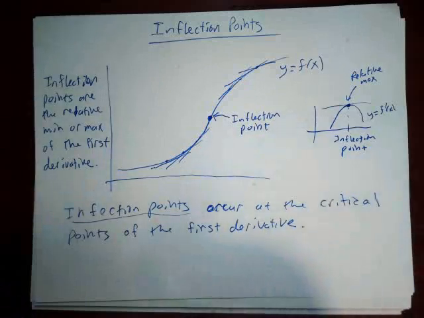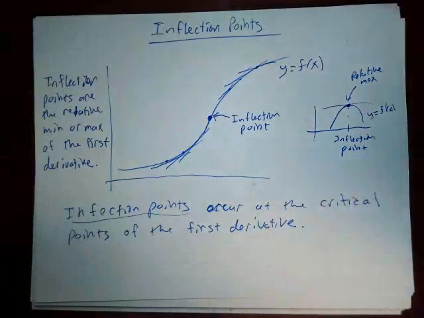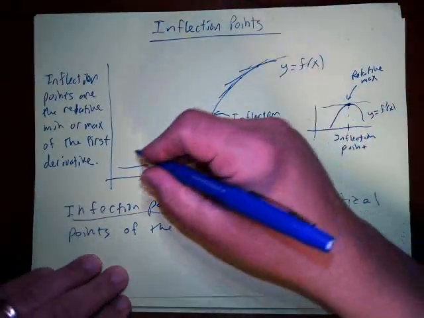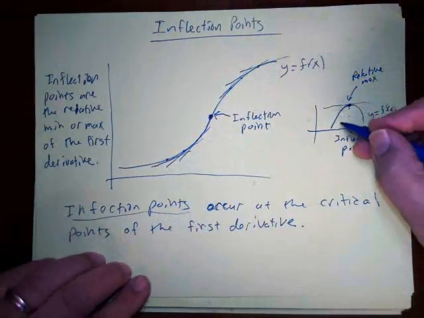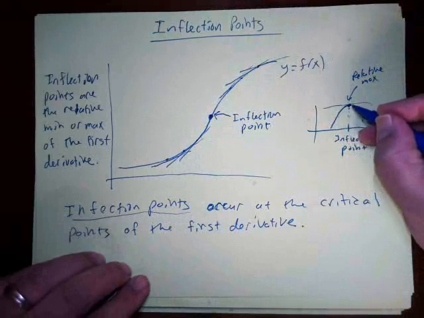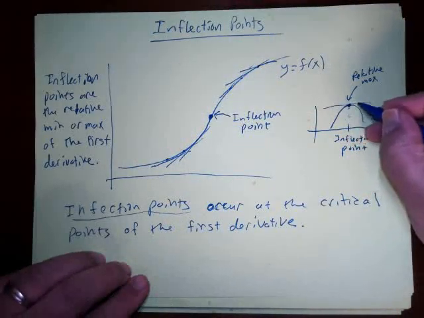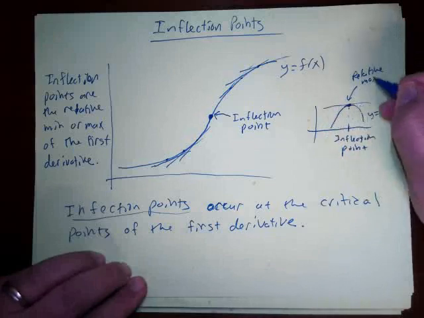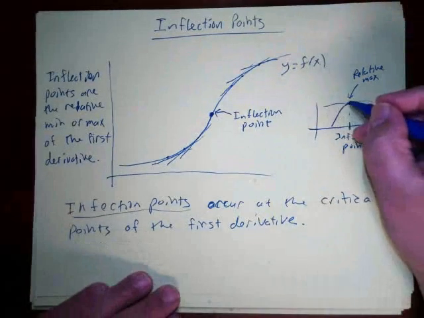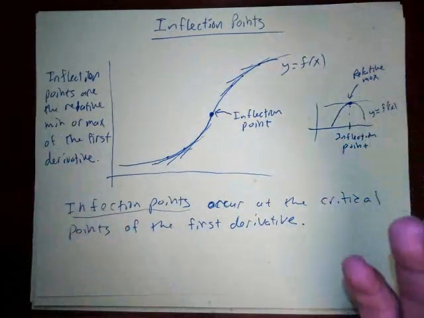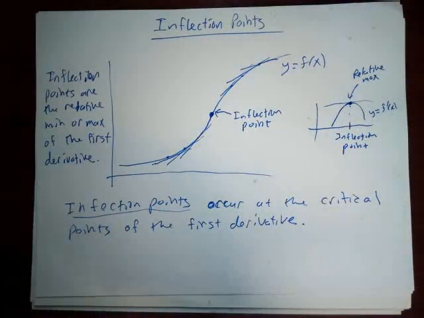That's why we have the first derivative test and the second derivative test, because it could be that the function is increasing and goes to 0, and that 0 is a critical point, but then it starts increasing again, right? And if the first derivative does something like that, then that's not an inflection point of the original function.